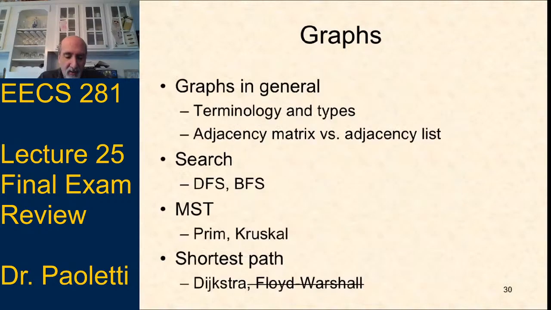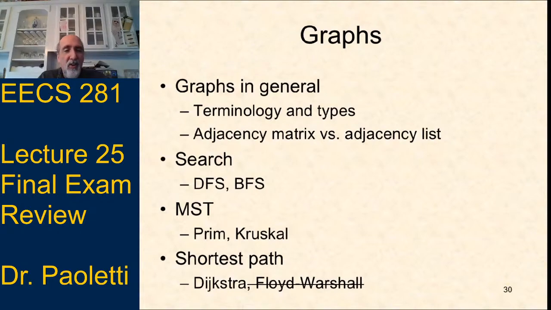Okay, graphs. In general, we've got a bunch of terminology, which I repeated on the next slide. Adjacency matrix was for when we had a dense graph, adjacency list for when we have a sparse graph.